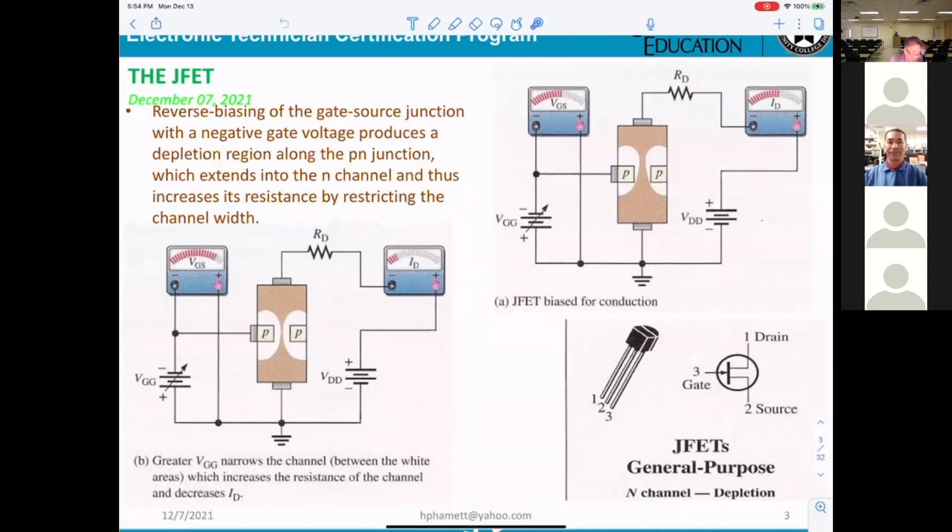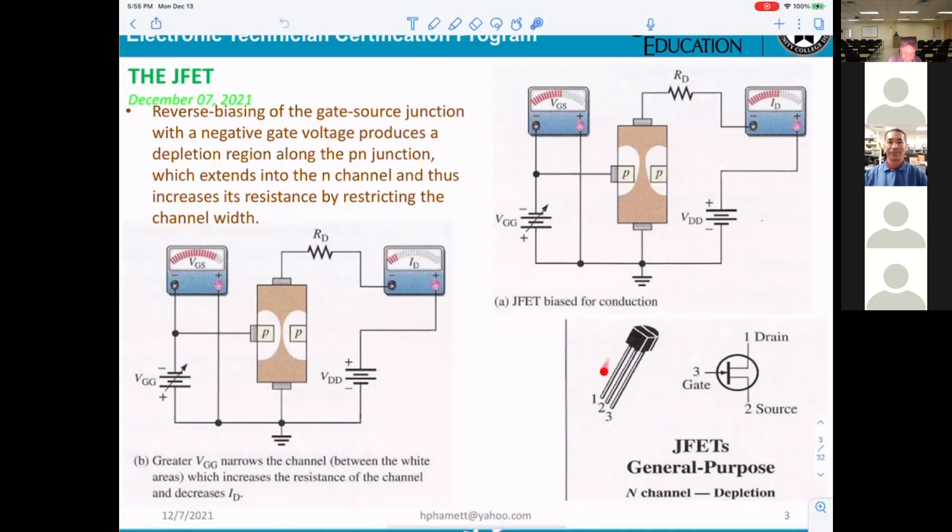You see that when VGS is more negative, the channel narrows. Now in this picture, they reduce the negative voltage, the channel is wider, and more current flows. So when they measure the current, you can see ID will be increased. That's the only thing you need.